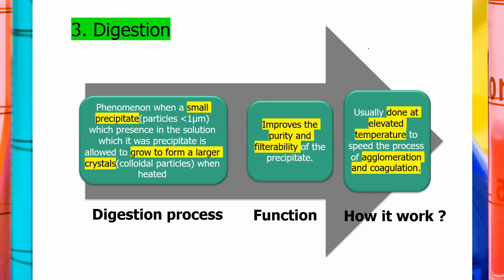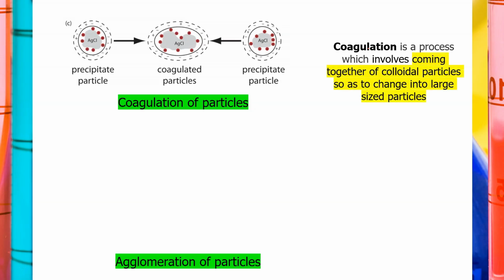What are the agglomeration and coagulation processes? First, we look into the coagulation of particles. This process occurs when colloidal particles come together to change into a larger size of particles. In other words, when small particles of product accumulate themselves to form a large particle of product.